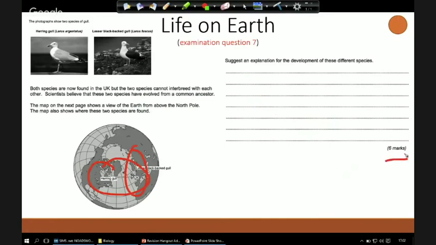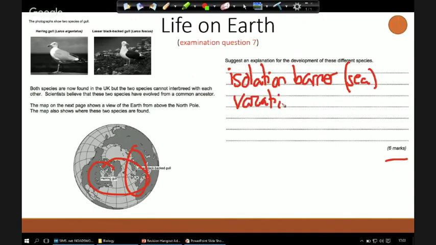Again, if it was 6 marks, we're going through what we previously talked about. There's some type of isolation, a barrier. Perhaps it's, in this case, the sea. That then causes natural variations. You might put different alleles, because of different environmental conditions, to be good or bad.